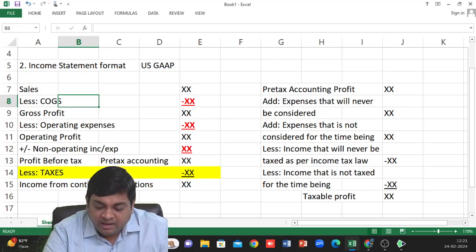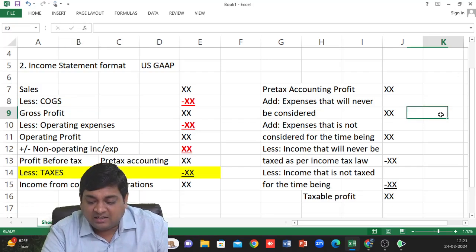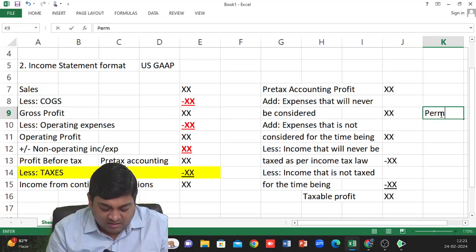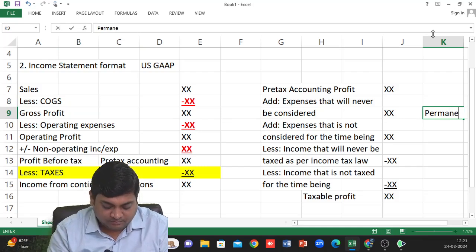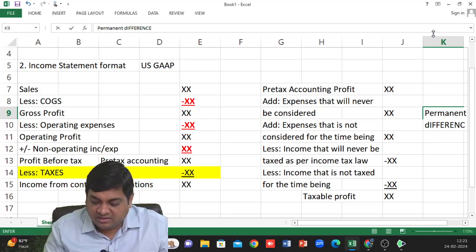So, expenses that will never be considered, these are permanent differences.